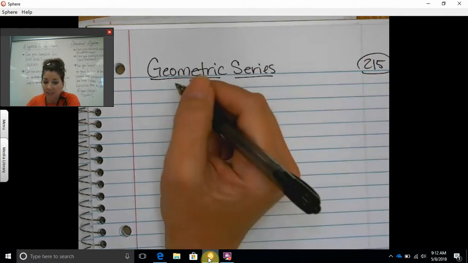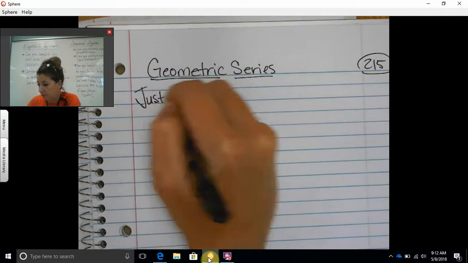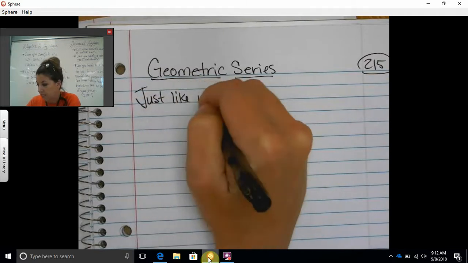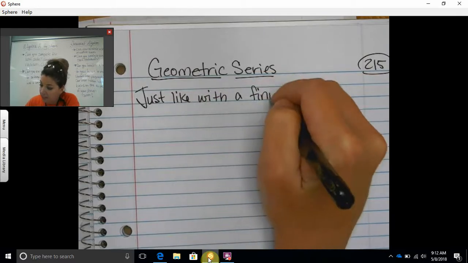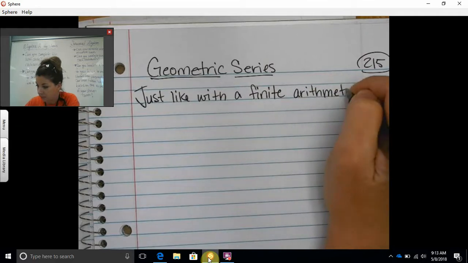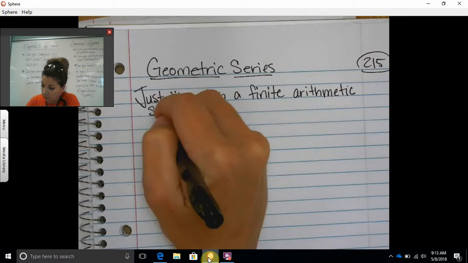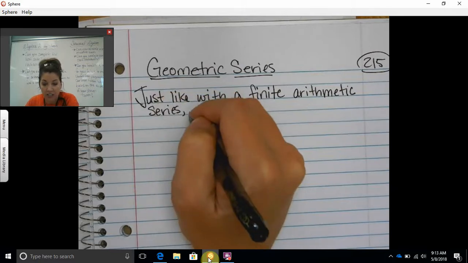So just like with a finite arithmetic series, remember finite's like the opposite of infinite, you can find the sum of a finite geometric series using a formula.